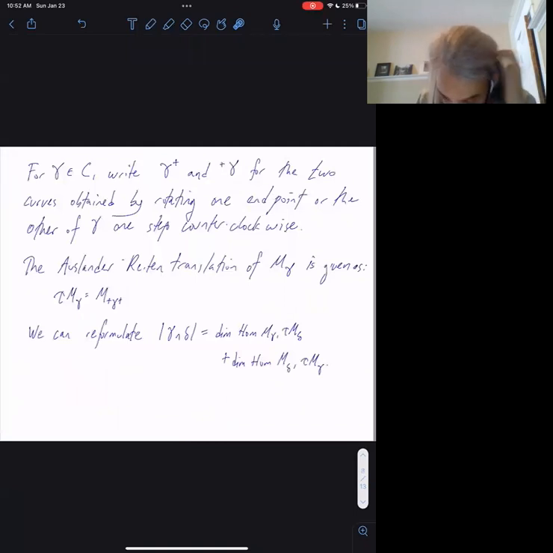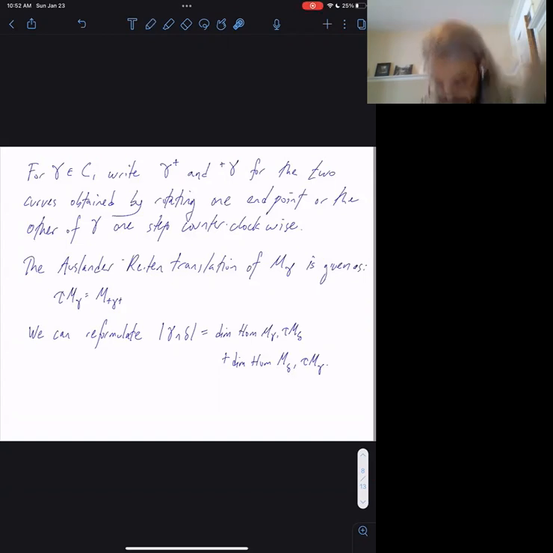There's a thing you can do to a curve. You can rotate one endpoint or the other endpoint or both endpoints. And it's a really cool fact that the Auslander-Reiten translation, if you've run across it before, is an important thing you can do to a module, and it is obtained by rotating both endpoints one step along the boundary.